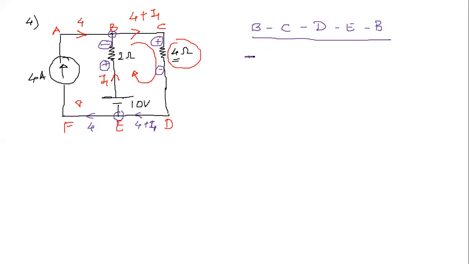From B to C, nothing is there. This is 4 minus 4 into bracket 4 plus I1, right? Is it okay? Plus 10 minus 2I1 is equal to 0, right?